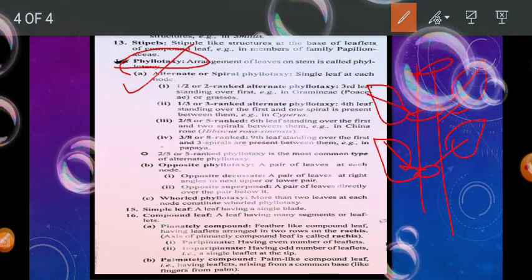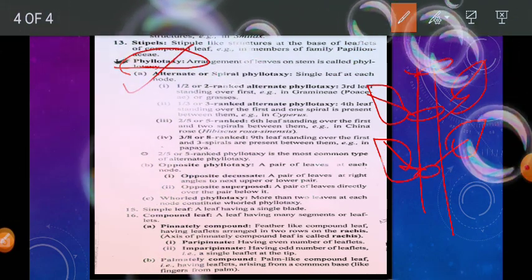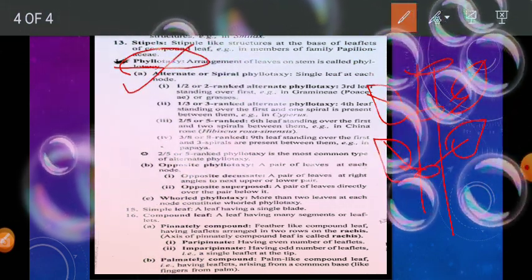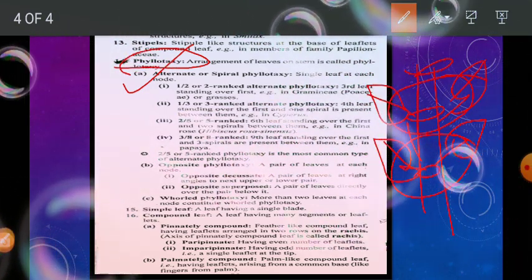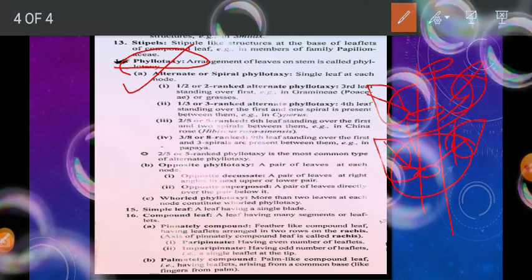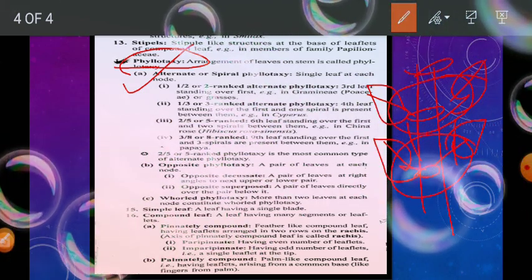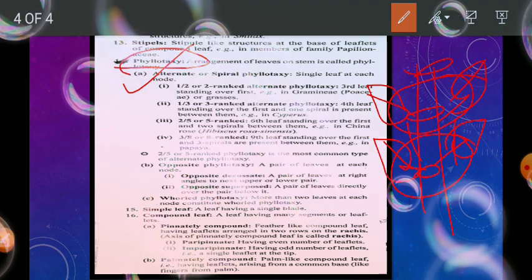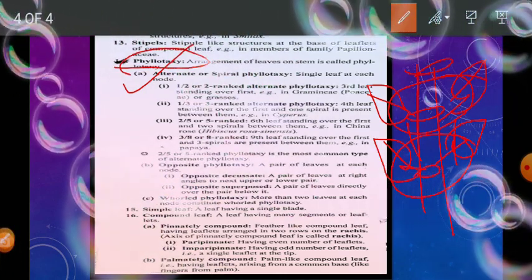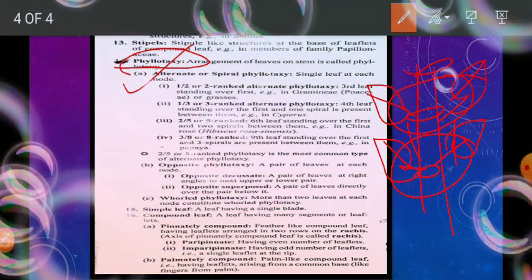These are spiral alternate phyllotaxy, where one spiral is present in between. It may be 2, 3, 5 or 8 ranked. Five-ranked phyllotaxy is the most common type of alternate phyllotaxy.